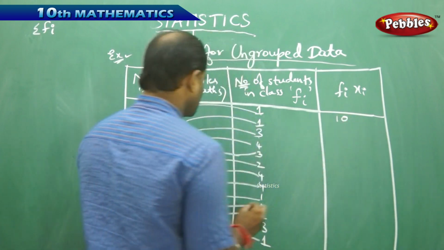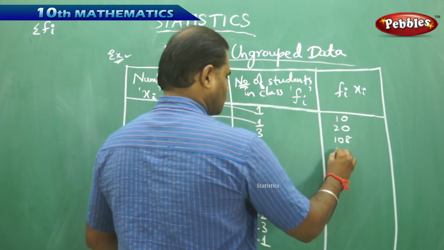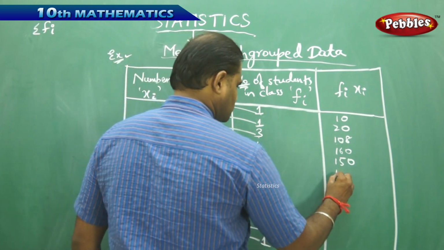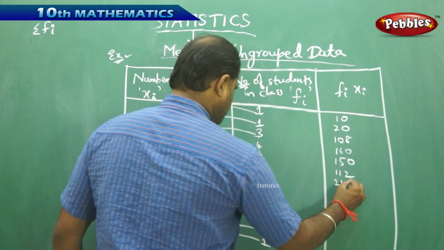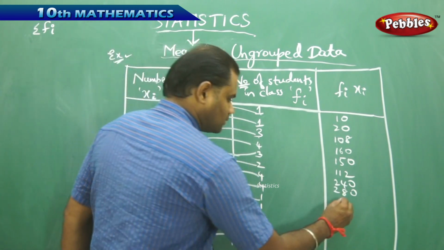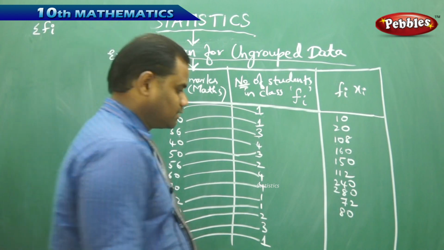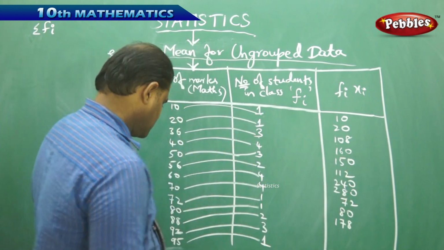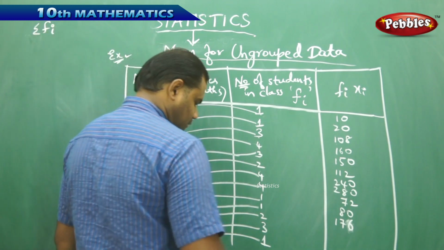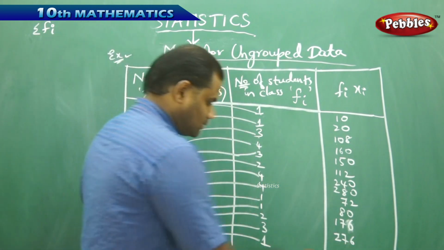10 times 1 is 10, 20 times 1 is 20, 36 times 3 is 108, 40 times 4 is 160, 50 times 3 is 150, 56 times 2 is 112, 60 times 4 is 240, 70 times 4 is 280, 72 times 1 is 72, 80 times 1 is 80, 88 times 2 is 176, 92 times 3 is 276, and 95 times 1 is 95.